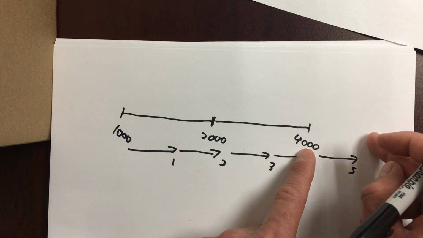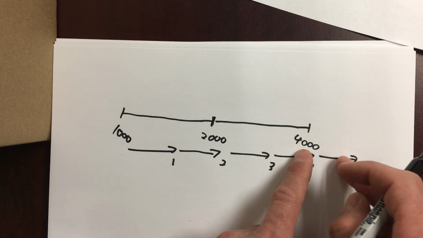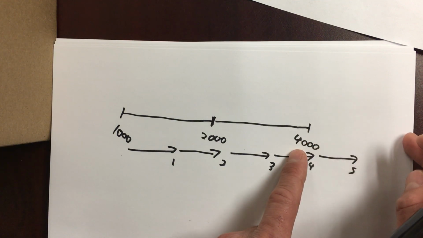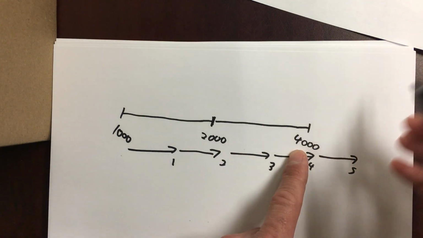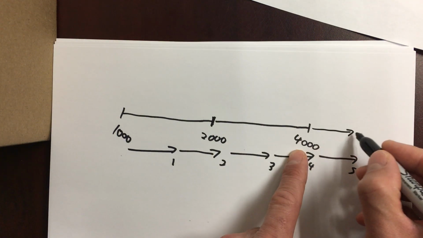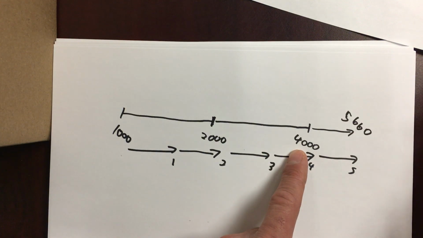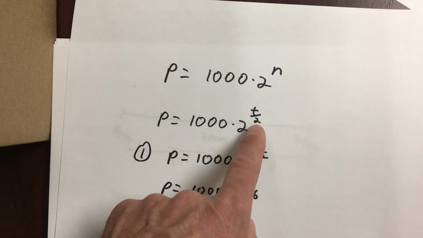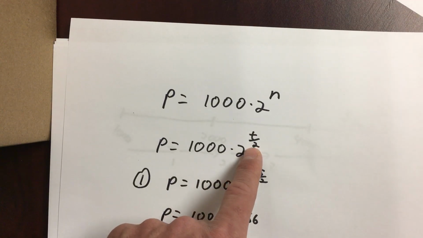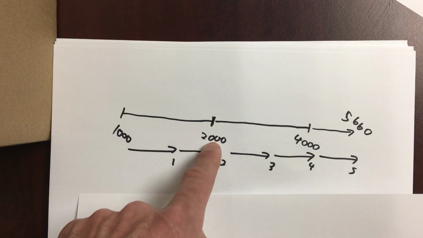And we're trying to figure out somewhere in the middle. Now, you can't go halfway between 4,000 and 8,000 and get the right answer because this is not linear, it's curved. So it goes up to 5,660. And we figure that out here. Notice that t over 2, when t is equal to 2, it gives us times 2, giving us the correct 2,000.